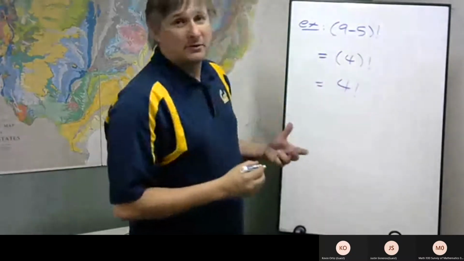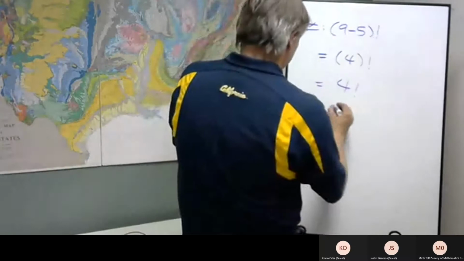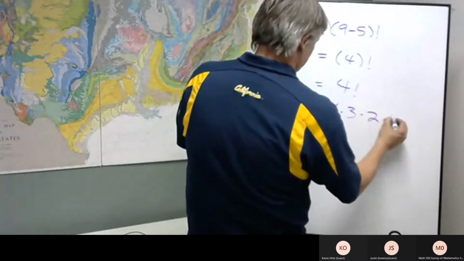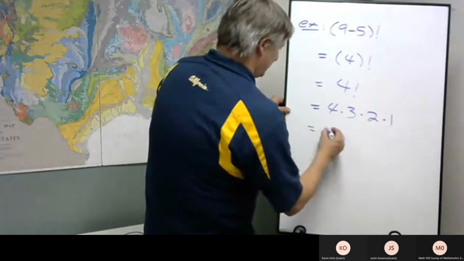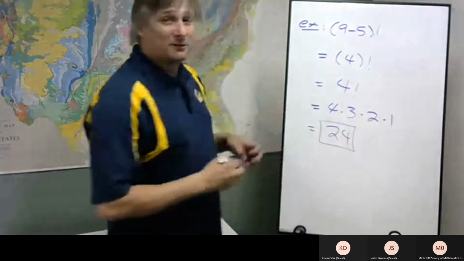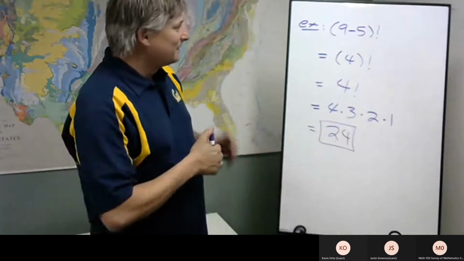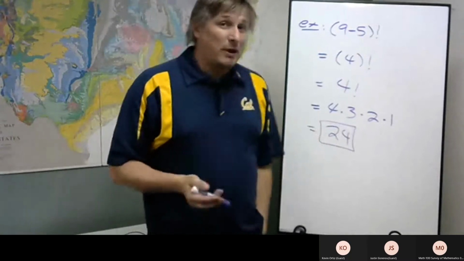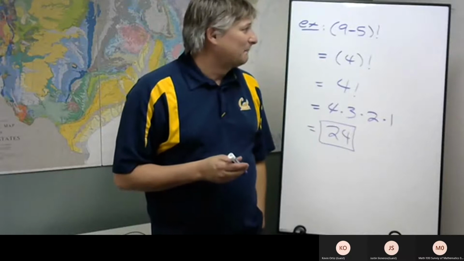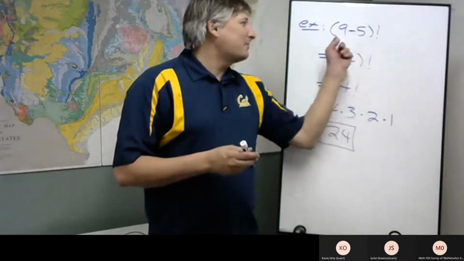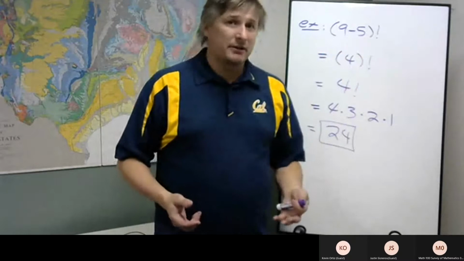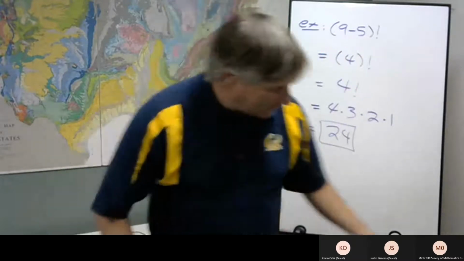Now, this is a little more manageable. This will come out to 24. So any questions about that? So we're going to encounter this sort of calculation tonight. And there's another kind of calculation we're going to run into also.